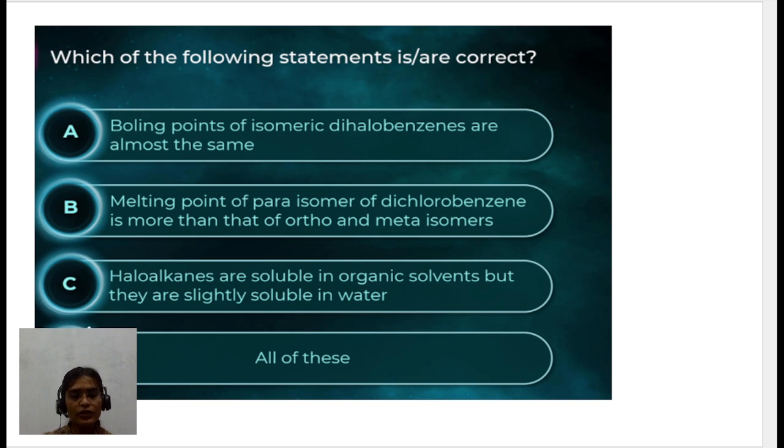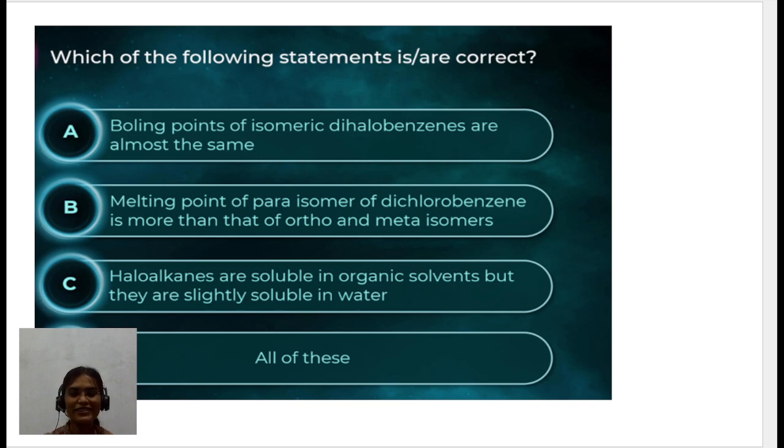Please answer this question. Which of the following statements is correct? Last question of the class. Which statement is correct here? All of the above. Okay, Sanjana. Okay, Diksha.